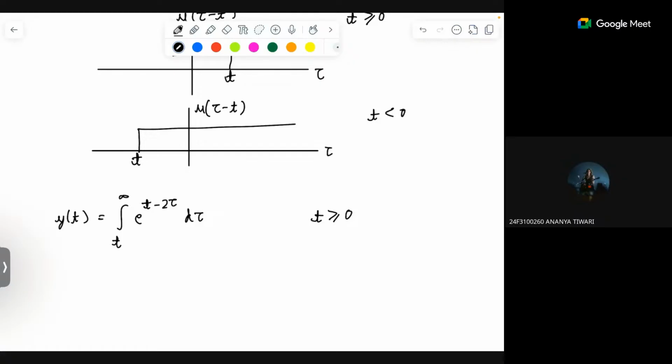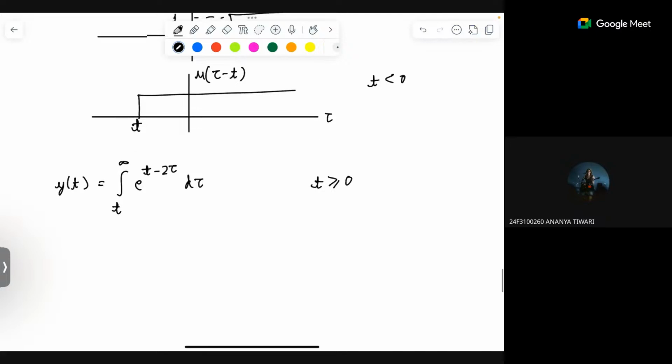Now quickly integrate and tell me what you will get. Class, are you integrating this? Yes. Okay, I will also start doing it, then we can verify.